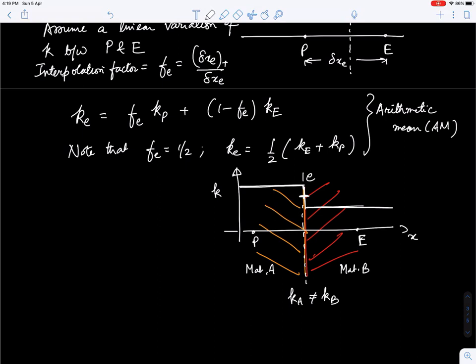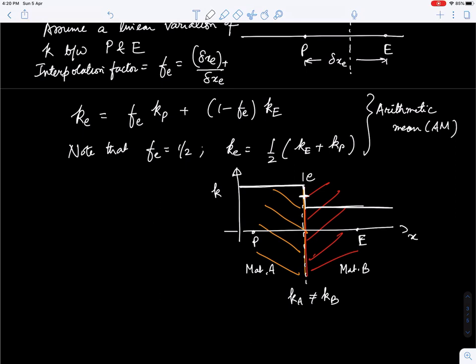Okay, so what we need is a formulation that will give a better representation of flux crossing such an abrupt or such a sudden change in materials. So what can we do?